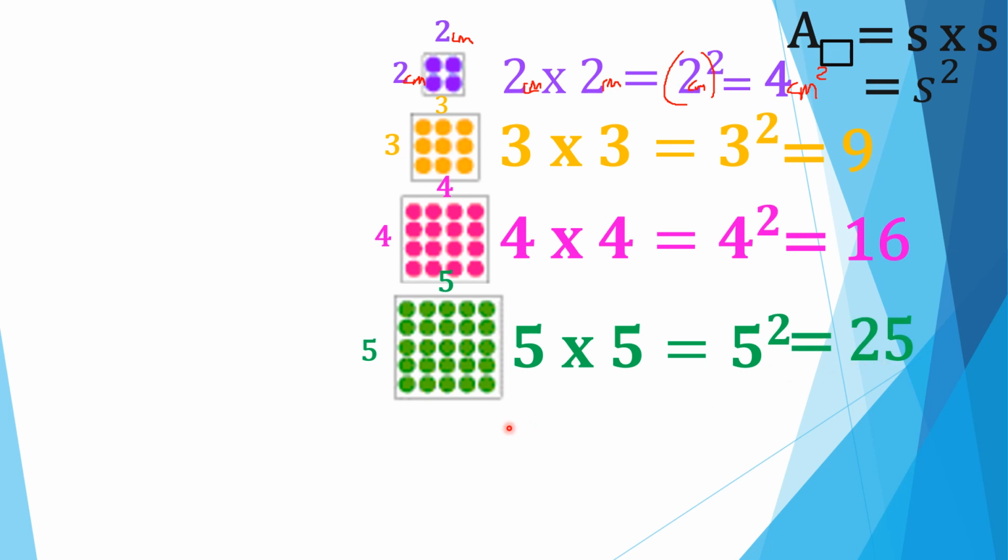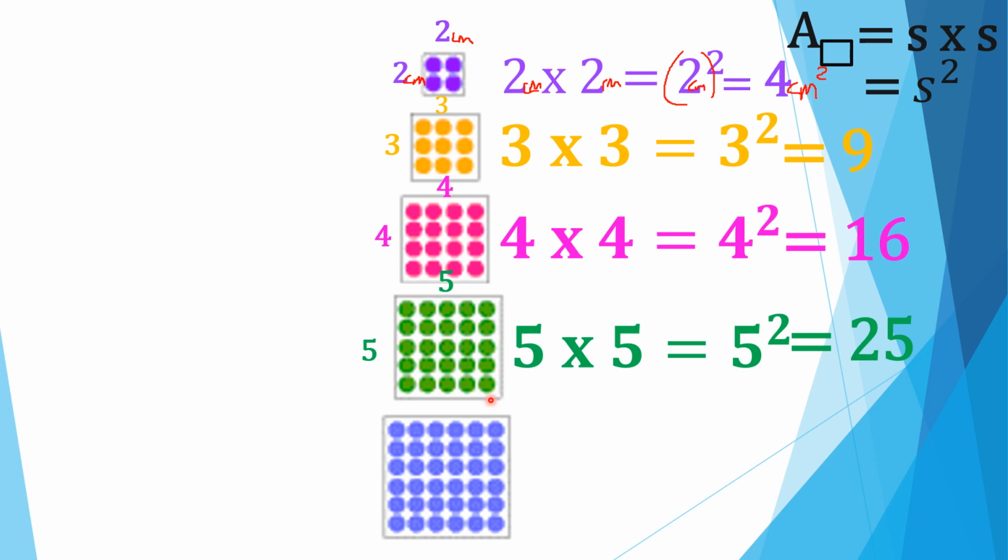So let's count how many units inside the square. 1, 2, 3, 4, 5, 6, up to 25. 25 units inside the square. Next, this is 6 by 6.